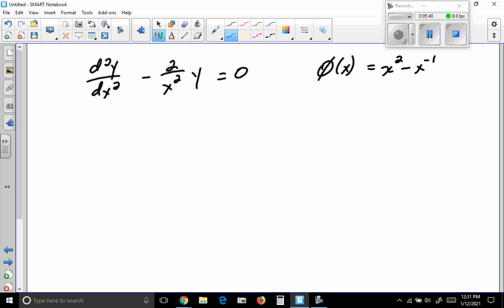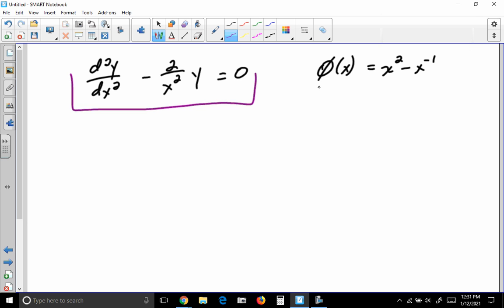So let's take a look at these two examples. So here's one. We're given a differential equation, and we want to check to see that this is a solution to this differential equation. So you could call this phi of x, you could call it y. I'm just going to leave it as phi. So if this is phi, we need the second derivative. So if we take the first derivative, the derivative of x squared would be 2x.